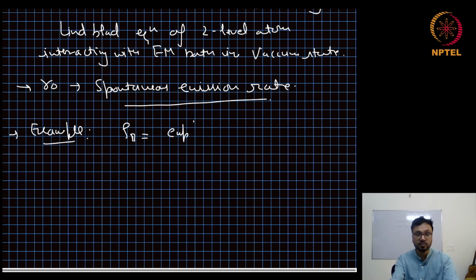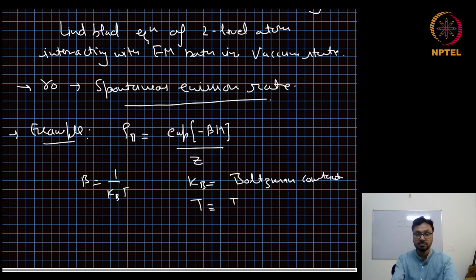The Gibbs state is defined as exponential of minus beta H over Z, where beta is 1 over k_B T, k_B is the Boltzmann constant, T is the temperature, and Z is defined as the trace of exponential of minus beta H, so that rho b has trace 1.